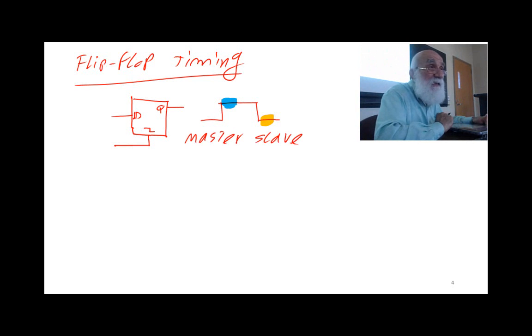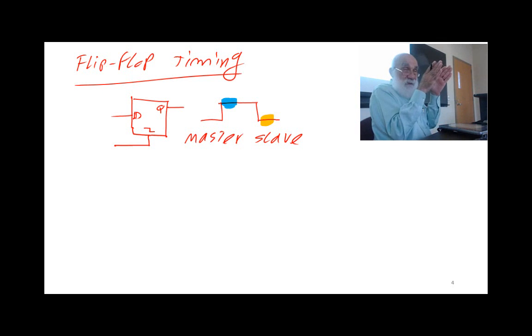And why is it that we did not like this? Well, we don't like this flip-flop because it requires that blue amount of time for the data to go halfway, and then it requires that orange amount of time for the halfway to go forward into the output of the flip-flop.